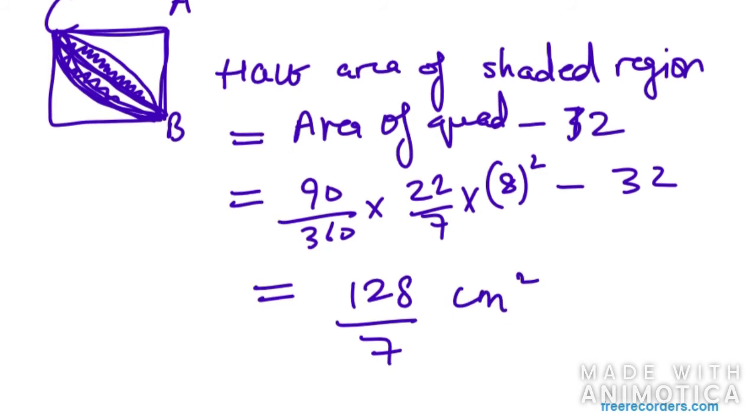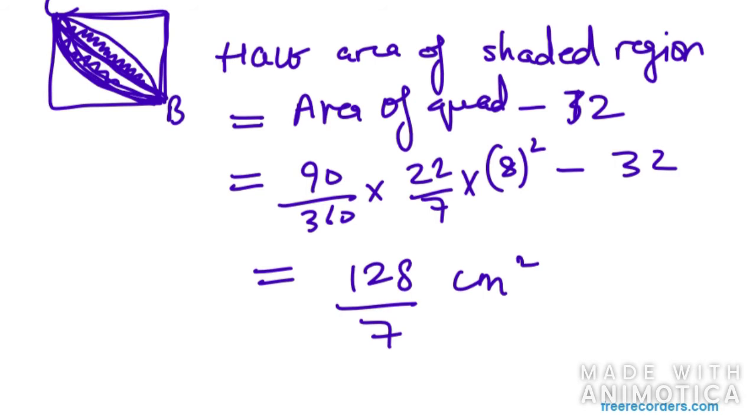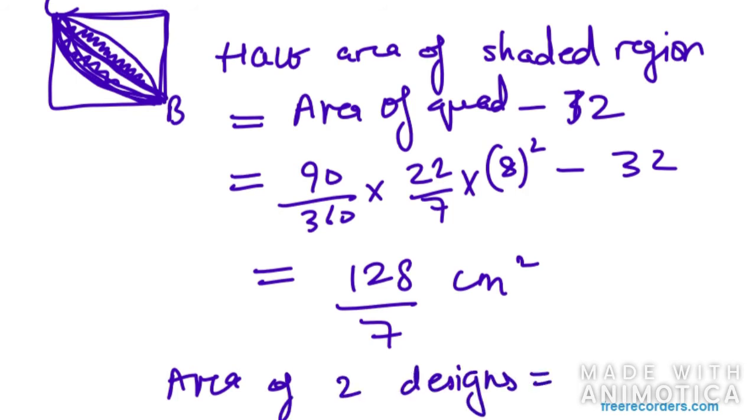Now as you know that we have two designs here, so you need to multiply it with 2. So the area of two designs will be twice of 128 over 7. So this will be 256 over 7 centimeter square. So that's the end for chapter 12 of class 10. Thank you for watching this video.